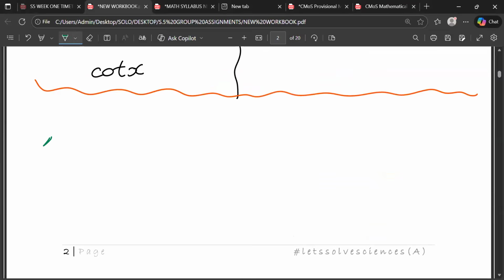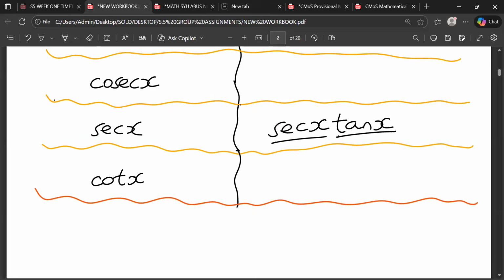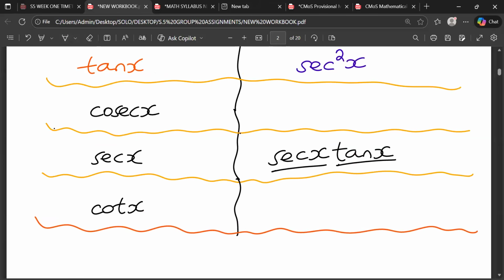I want to show you something fun here, but before I show you, let me first complete these derivatives. Maybe you'll connect after. For this cot, it will somehow resemble tan x, and it will be giving you negative cosec squared x, like that. This time around with a negative, and I will explain that also.